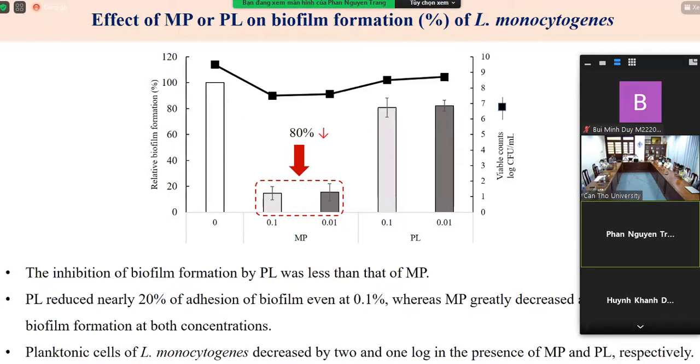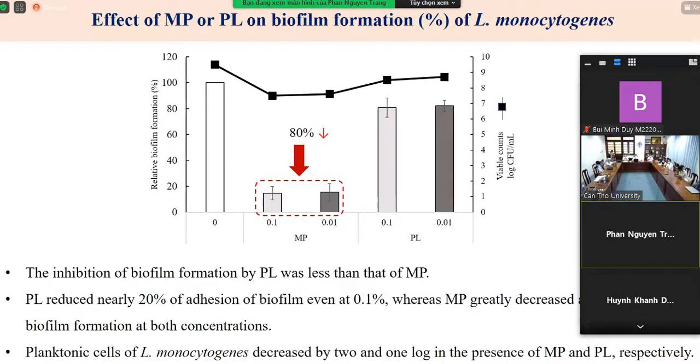The effect of monascus pigment and polylysine to inhibit biofilm formation is also in this picture. Obviously, the inhibition of biofilm formation by polylysine was less than that of monascus pigment. Polylysine reduced nearly 20% adhesion of biofilm, even at higher concentration, whereas monascus pigment decreased approximately 80%.